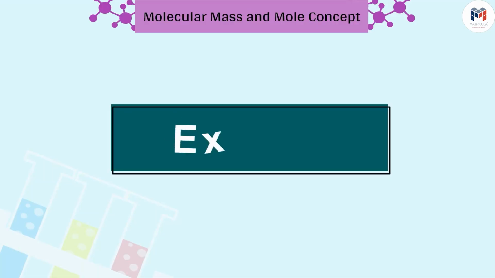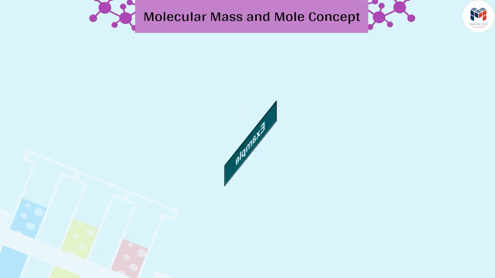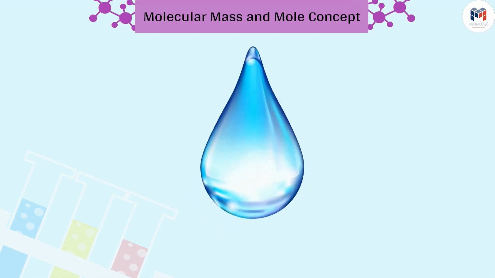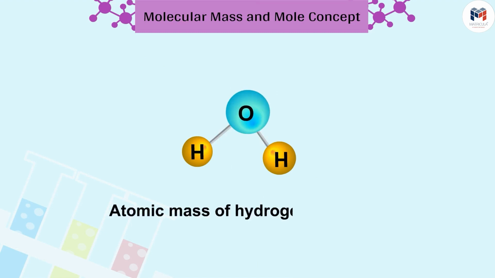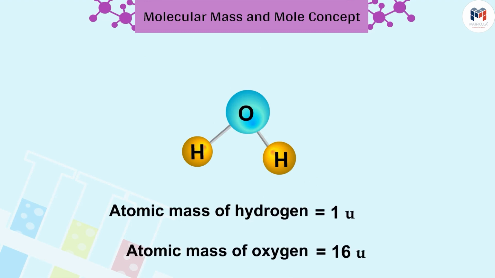Let us understand this by an example. Let us find the molecular mass of water, H2O. Water is made up of hydrogen H and oxygen O atoms. The atomic mass of hydrogen is 1U and the atomic mass of oxygen is 16U.